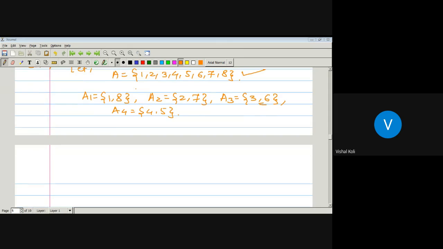So these are the possible combinations of elements having sum equal to 9. If 1 is there, then another element must be 8. Now we have to prove that if we choose any 5 integers from this A, then there must be at least 2 elements having sum equal to 9. Each of the 5 numbers chosen from 1 to 8 must belong to one of these sets.